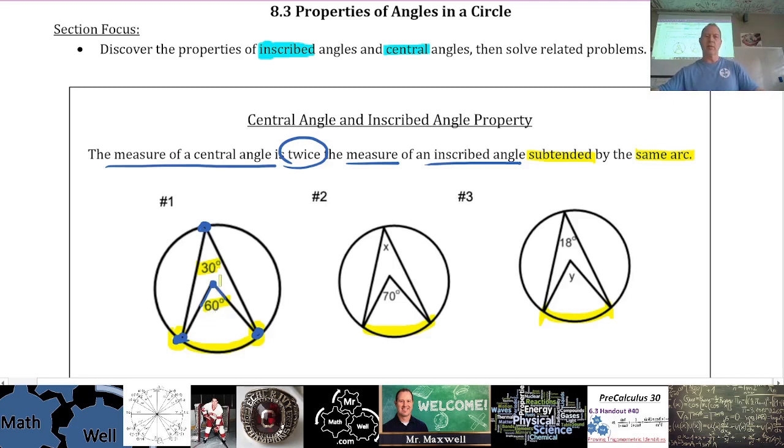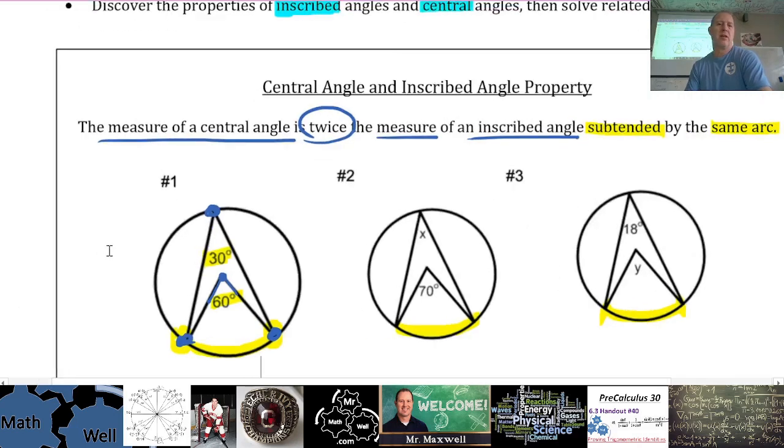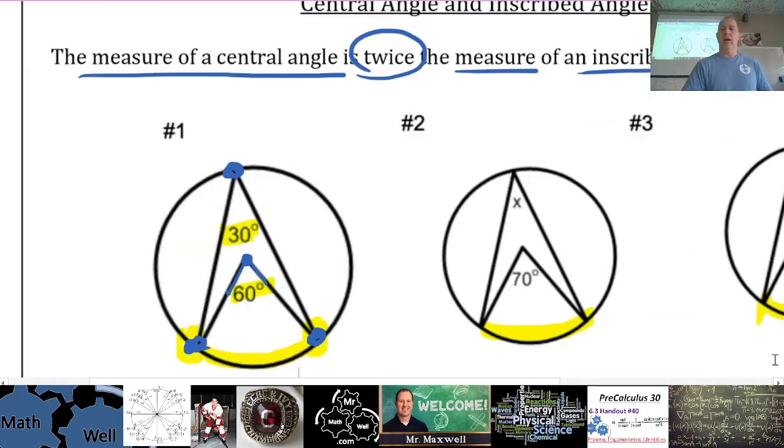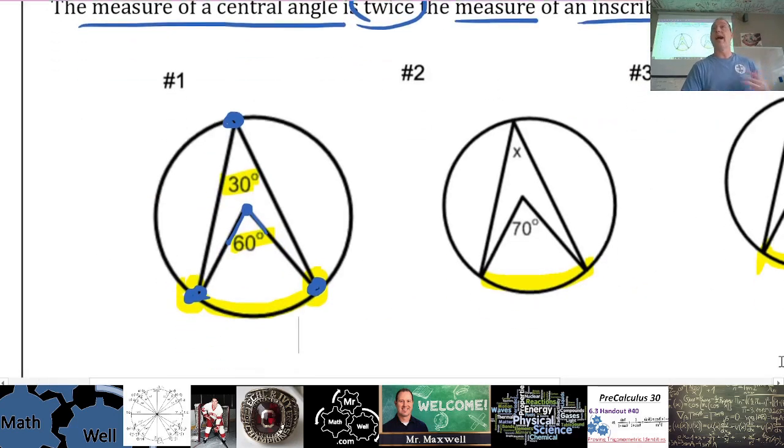I don't know if this is the correct way to think about it. It's not mathematically proven, but this is the way I remember it. This center point is this far, the radius, from here. Now you have to go twice as far to get this one.